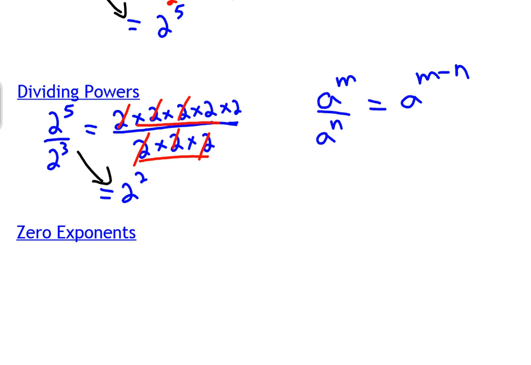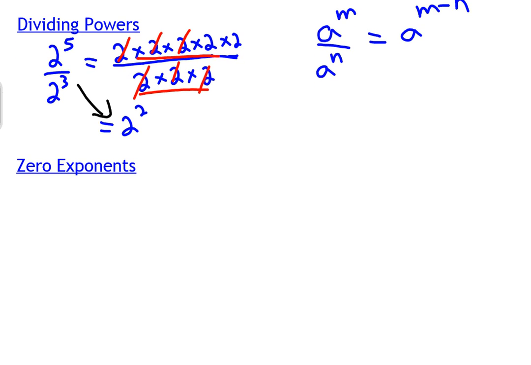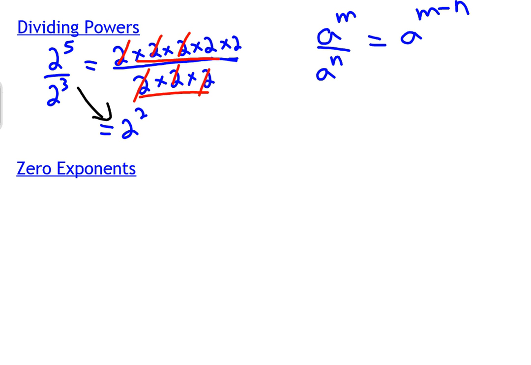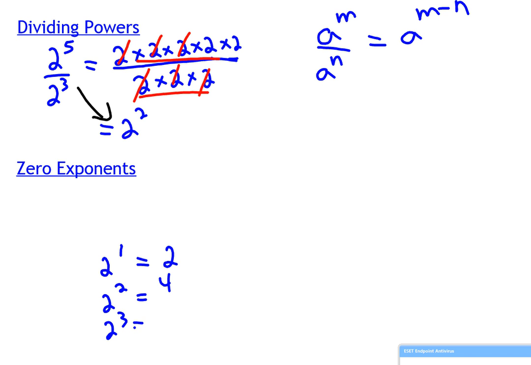So 0 exponents. In order to do this, I'm going to start not with a 0 exponent. I'm going to start, let's say, with 2 to the 1. Well, 2 to the 1 is 2 multiplied by itself once, which is 2. 2 squared is 4. 2 cubed, 2 times 2 times 2, is 8.